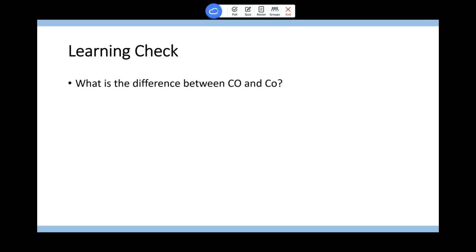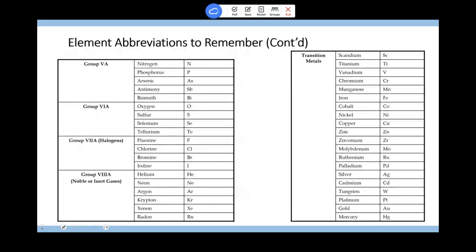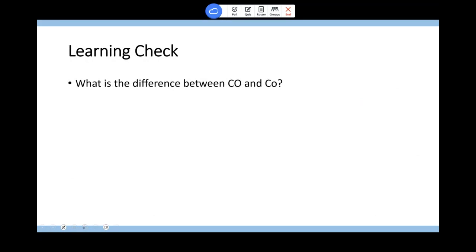Okay, will someone tell me what Co is where the O is not capital, the O is lowercase? Go ahead. Cobalt. Okay, if we go back a couple of slides, in the transition metals, we have cobalt here, which is element Co. So if the O is not capitalized, we're communicating that we're talking about element Co, which is cobalt.